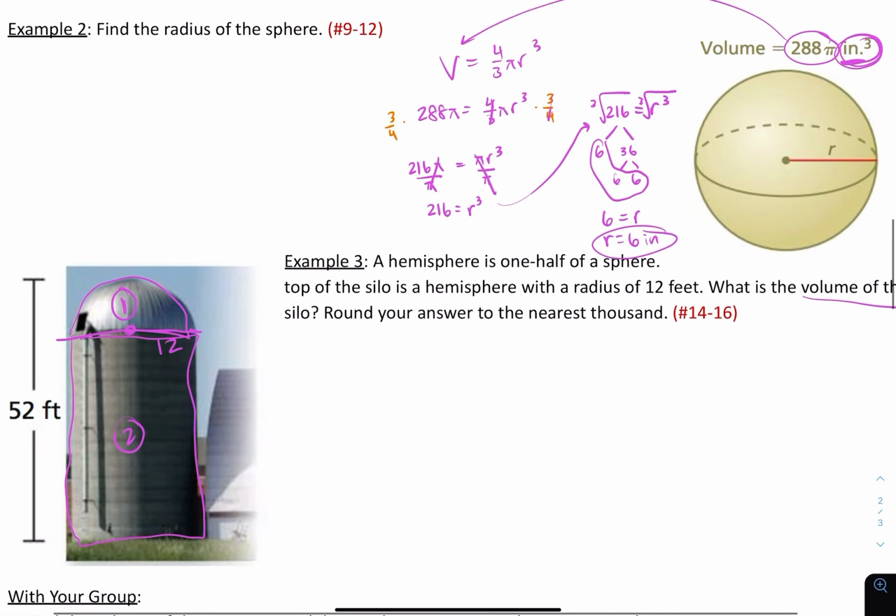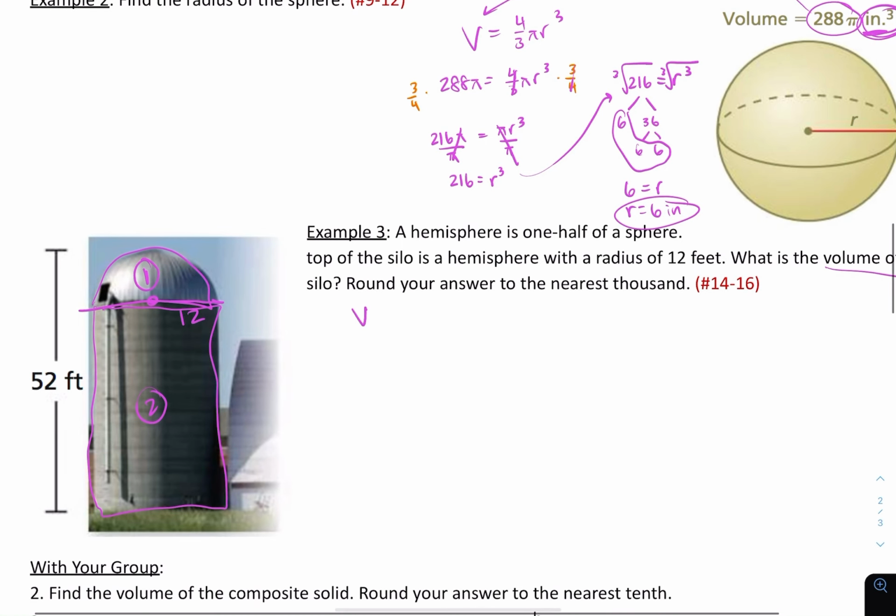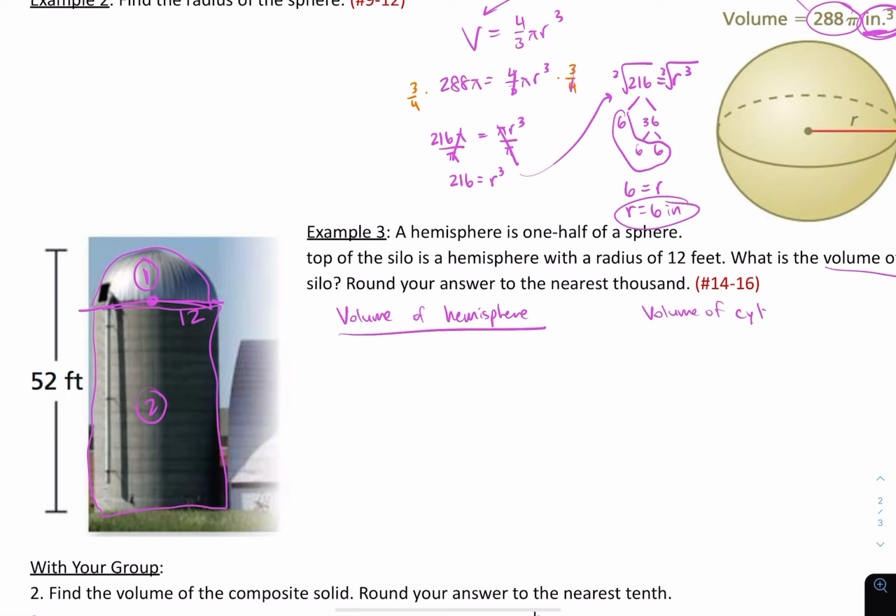You're going to find the volume of both of these things, and you will add those up. So here is the volume of the hemisphere, we'll do right here, and then we'll do the volume of the cylinder over here. And then you're going to add these up.